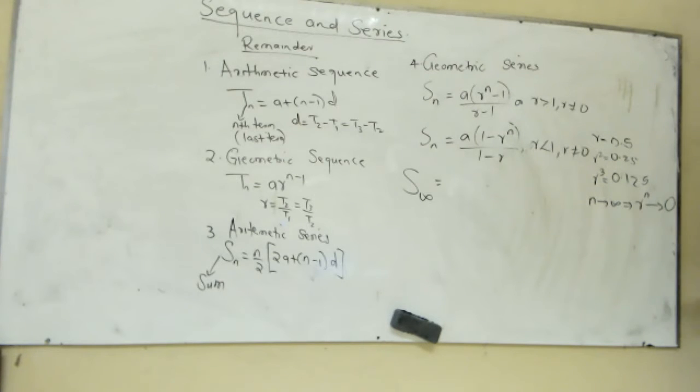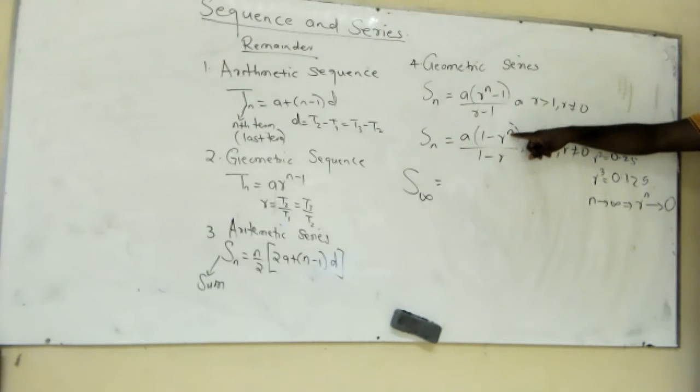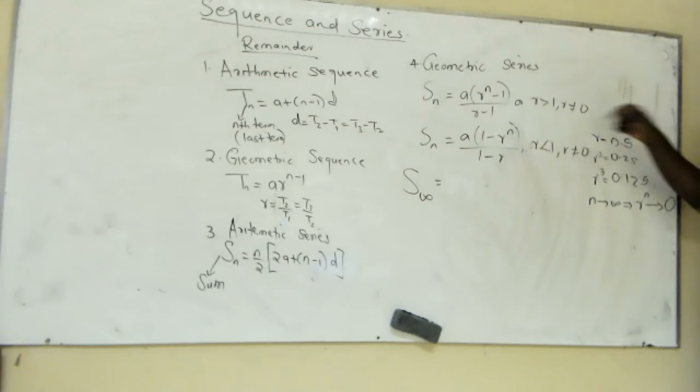Let me emphasize this again: when the value of n is increasing, the value of r to the power of n is approaching 0. It will be decreasing until it reaches the value of 0, even though 0 is an asymptote, but it will be decreasing to approach a value of 0.